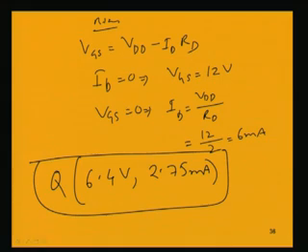This is the way to solve the problem. We have to draw the transfer characteristic as well as the bias circuit straight line, then the intersecting point between them will give you the Q point.